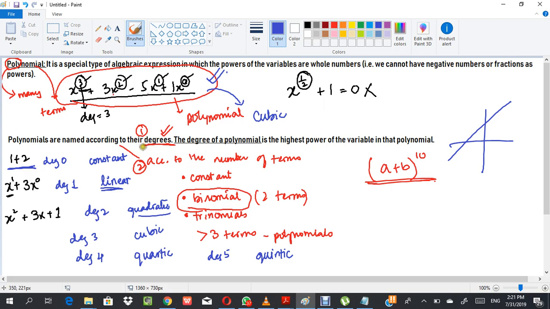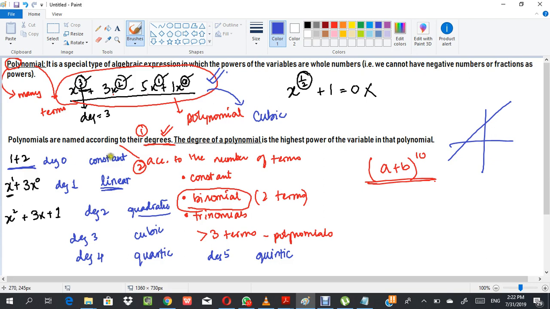And a polynomial can be classified on the basis of the number of terms, according to which it can be a constant polynomial, a binomial, a trinomial, and beyond trinomials, we refer to them as just polynomials. The second classification of polynomials is based on their degrees, and the degree of a polynomial is the highest power of the variable in that polynomial.